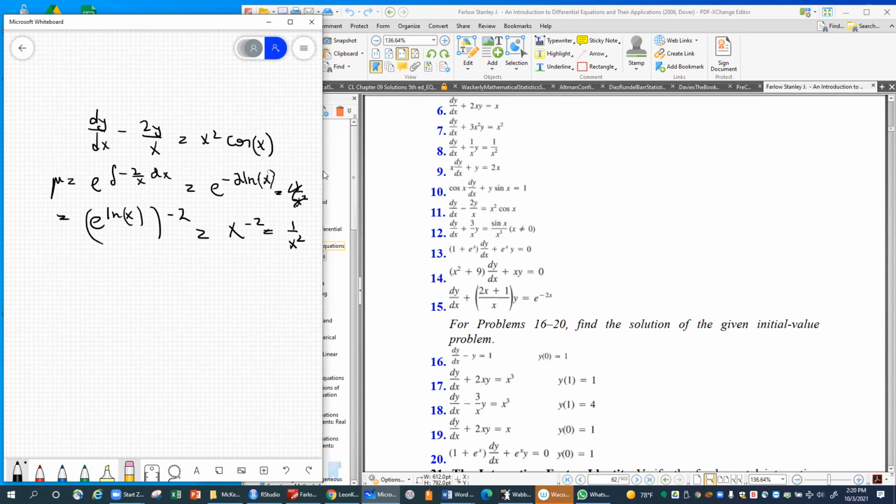Yeah, I know that. So when you multiply then, right? The e and ln x cancel each other, right? Yeah, e to the ln x produces x. So what are we left with after you take away the e to the ln x? It's just x to the minus 2, which is 1 over x squared.